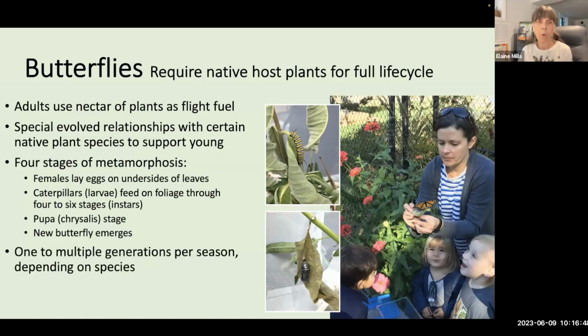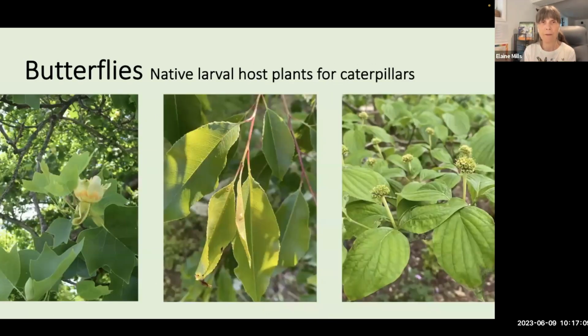There can be from 1 to multiple generations of butterflies per season, depending on the species, and the feeding is in ecological balance. So particularly for the larger plants like trees or shrubs, you'll see relatively little evidence of this feeding that's going on. The caterpillars are not going to destroy the plants.